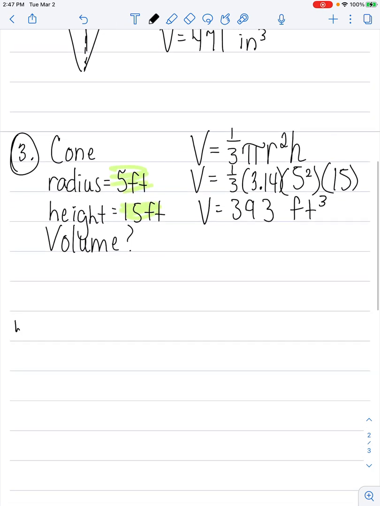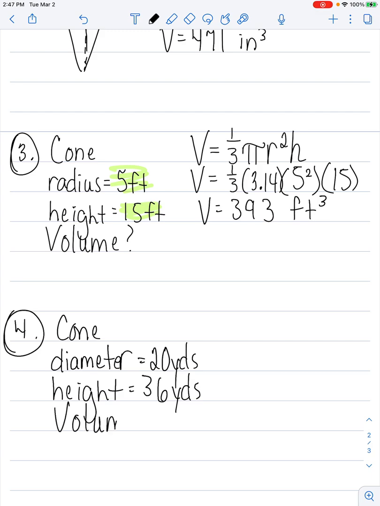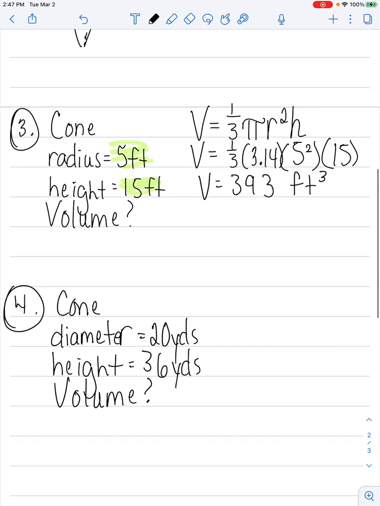And let's try one more, and we're still going to look at a cone, but this time I'm going to tell you it has a diameter of 20 yards and a height of 36 yards. And I want to know the volume again. How much can this cone hold?